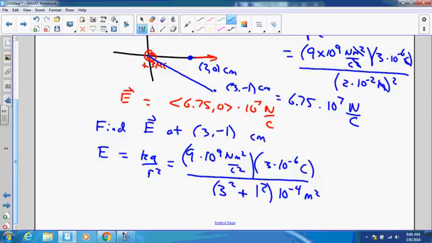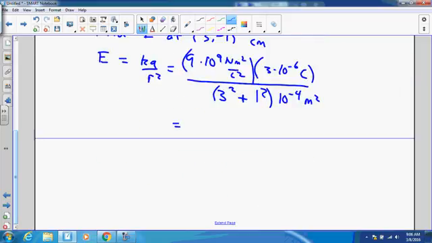So think about that for just a second. We do component squared plus component squared to give me r squared. And so that's going to give me 27 again, but now divided by 10. So that's going to be 2.7 times 10 to the 7th newtons per coulomb.